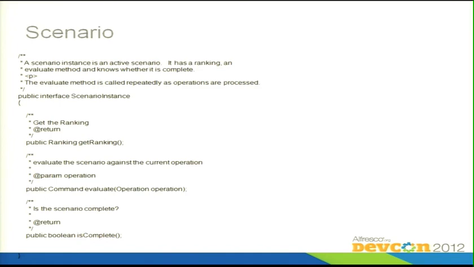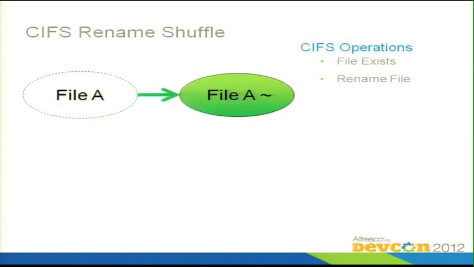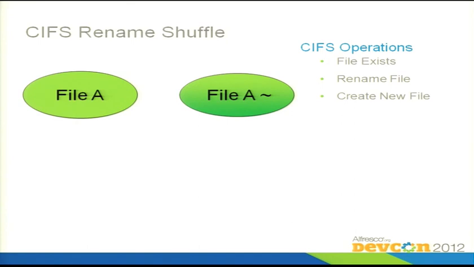Sorry, I think I'm out of time, so I'll carry on into lunch. I will be quick. Finally, I just wanted to give a quick example. This is a rename shuffle, which is something that vi, for example, does. So we start with file A, and it renames it to file A with a tilde at the end. Then it creates a new file in its place, and then would move the file.